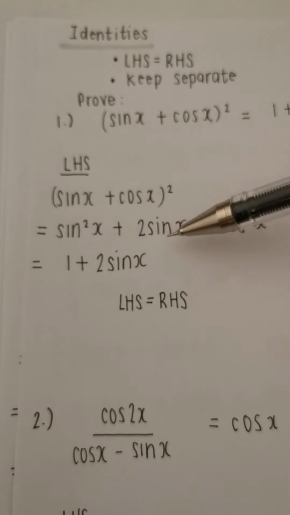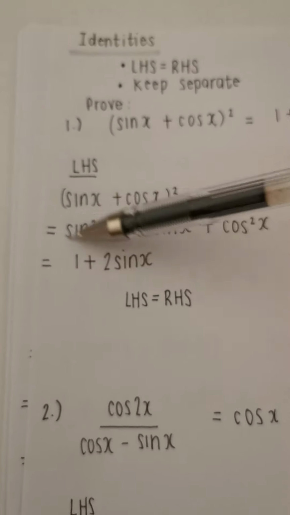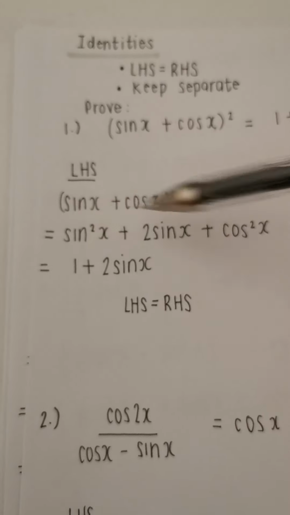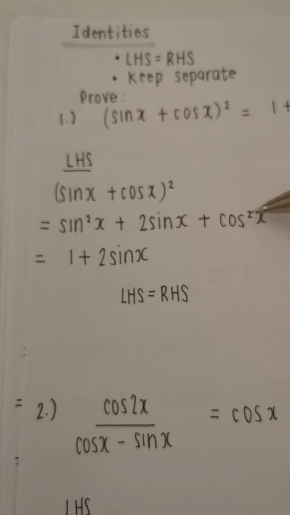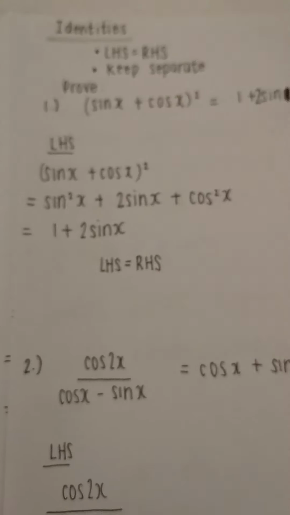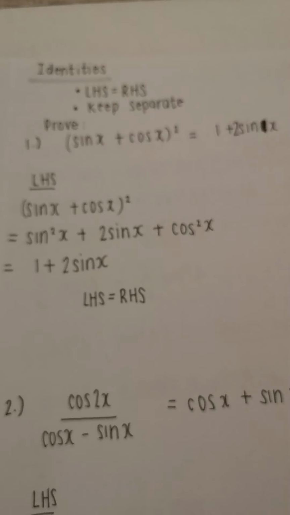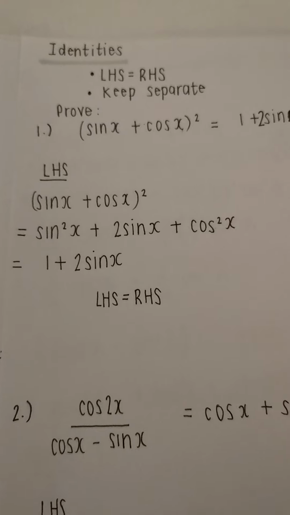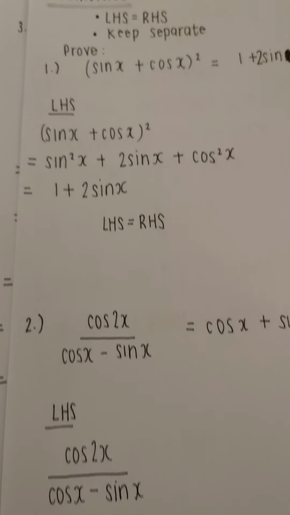Multiply the two of them and double it, it gives me that. I see sine squared x plus cos squared x, same angle, and they're squared. I know that's an identity where it equals to 1. This looks exactly the same as my right hand side. Sorry, out of focus. There we go. Therefore, left hand side equals to right hand side.